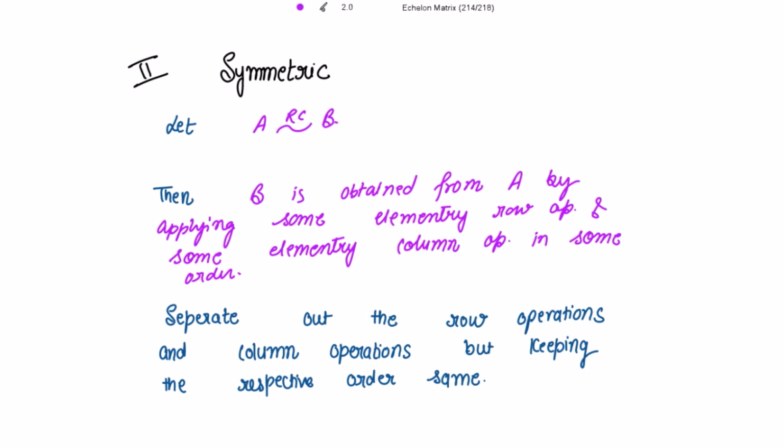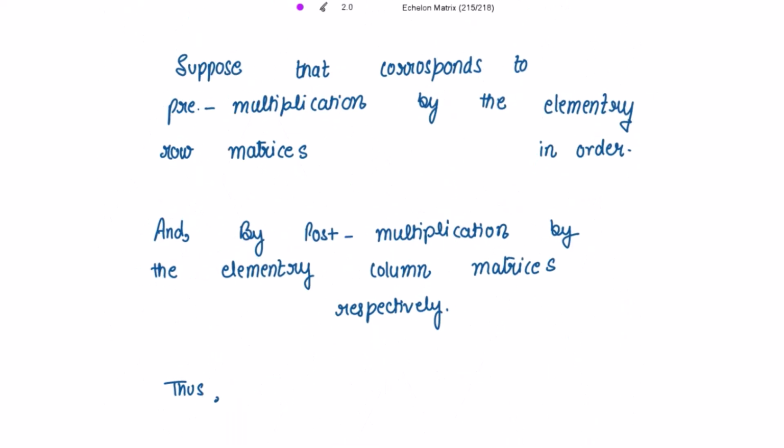So let's separate out the row operations and column operations, but keeping the respective order the same. Suppose that corresponding to pre-multiplication by the elementary row matrices, let's say E1, E2 up to so on Er in order, and by post-multiplication by the elementary column matrices, let's say F1, F2 up to so on Fs, right?